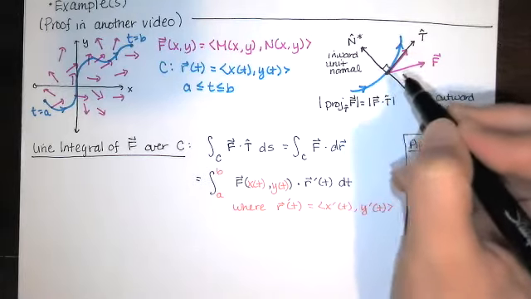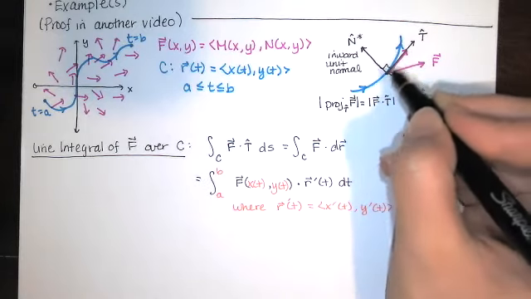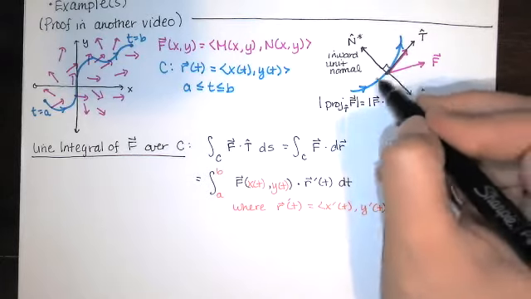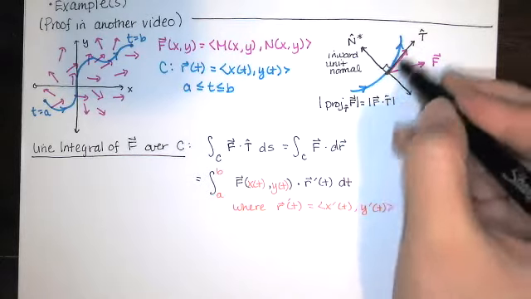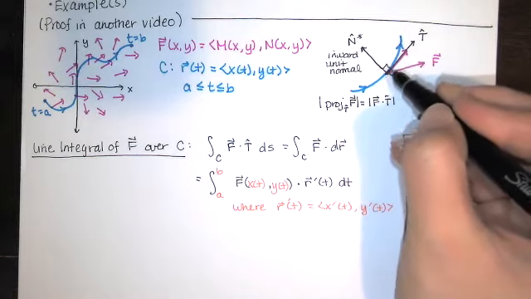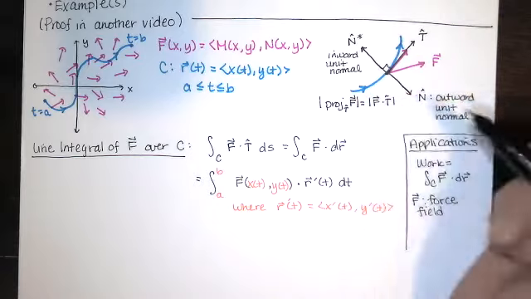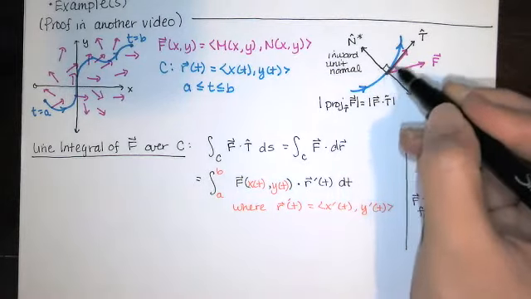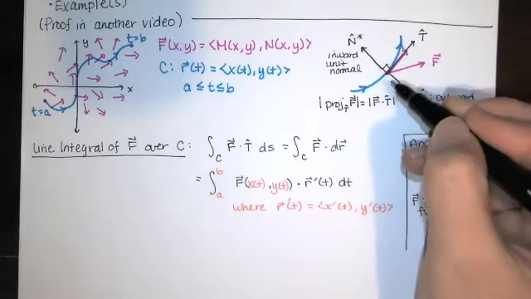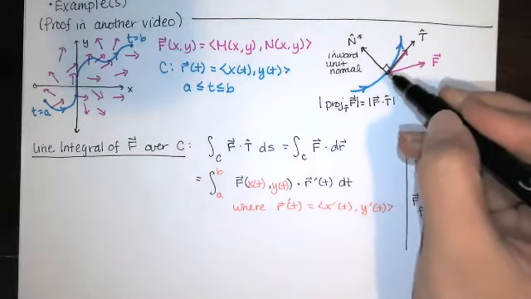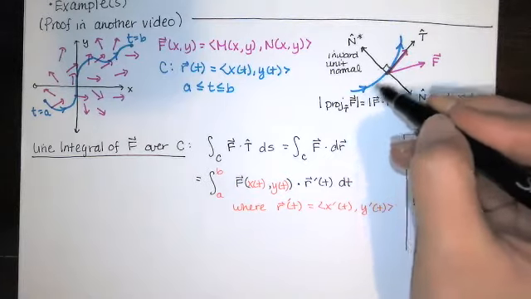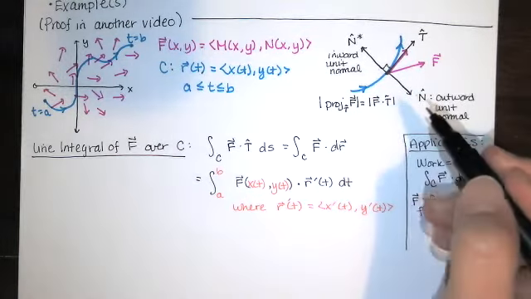is given by this. Now, if the force is actually acting a little bit in the direction that I'm going, so that the component of the force parallel to the direction that I'm going points in the same direction, then this dot product is positive and I don't need the absolute value. Now, if that force were pulling me backwards while I was trying to go forwards, because the part of the force parallel to the direction that I'm going was pulling me this way, then that dot product would be negative.